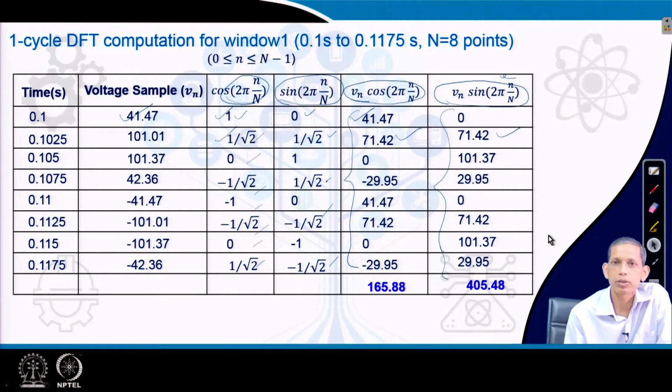In the 1 cycle DFT you take the summation. The summation of the cos part gives 165.88, and the summation of the sine part gives 104.58.